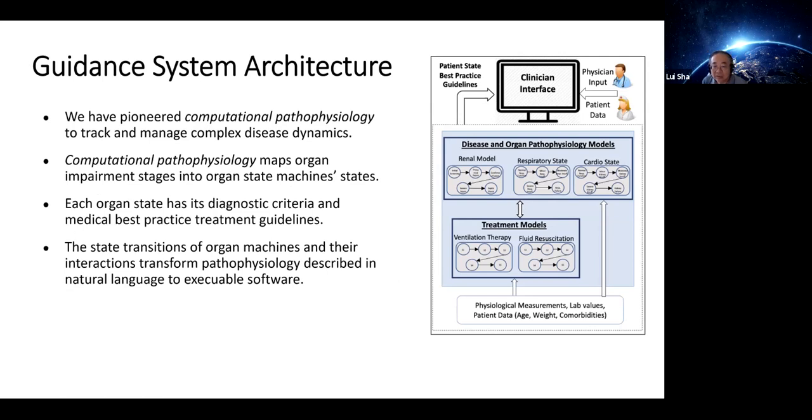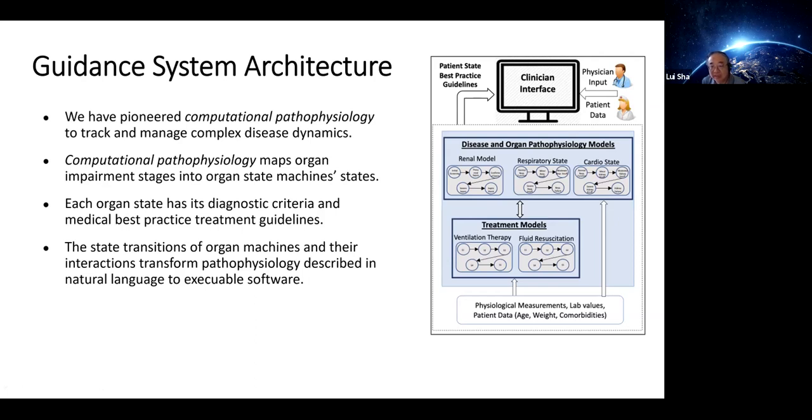So the key feature of our guidance architecture uses what we have pioneered, technology known as computational pathophysiology, to track and manage complex disease dynamics. Computational pathophysiology maps organ impairment stages defined in medicine into organ state machine states.